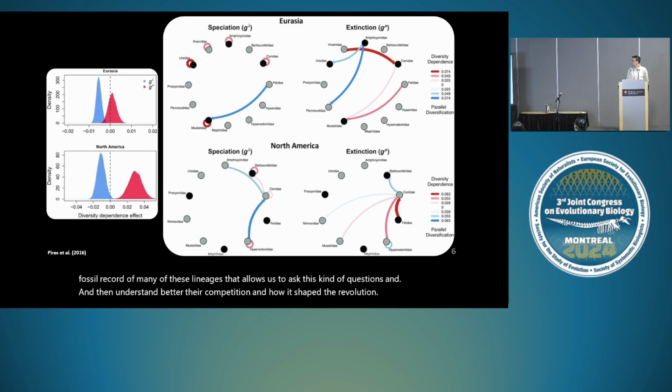Besides, we have seen that biotic diversity dependence seems to be happening within families of Carnivora and also between families. This is very important for us because it shows that biotic interactions are key elements controlling their diversification, either controlling speciation rates or extinction rates or both together.